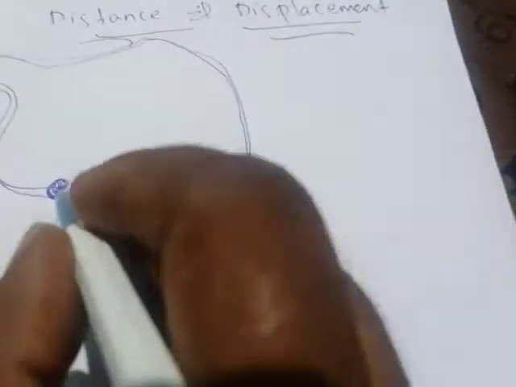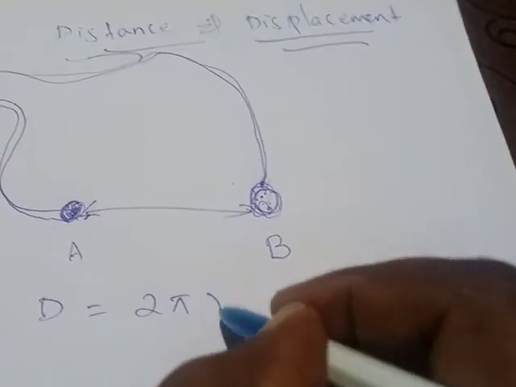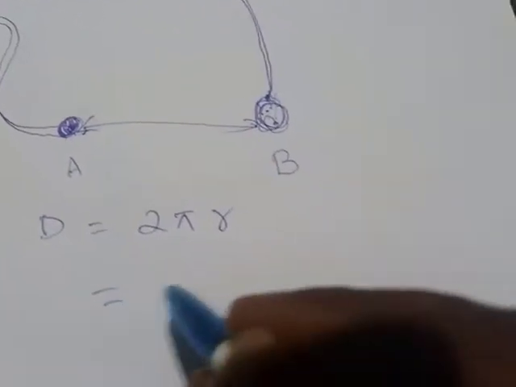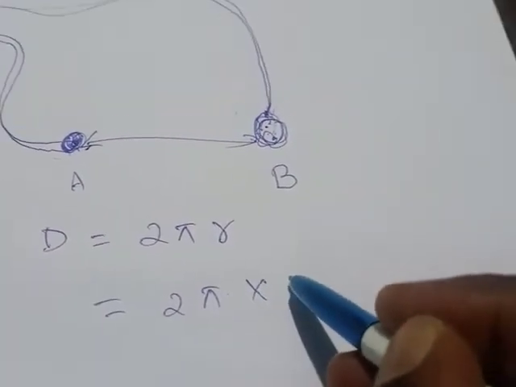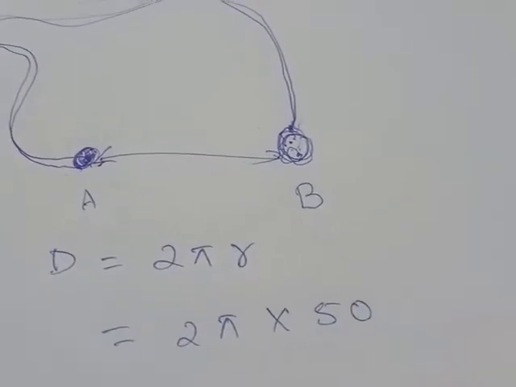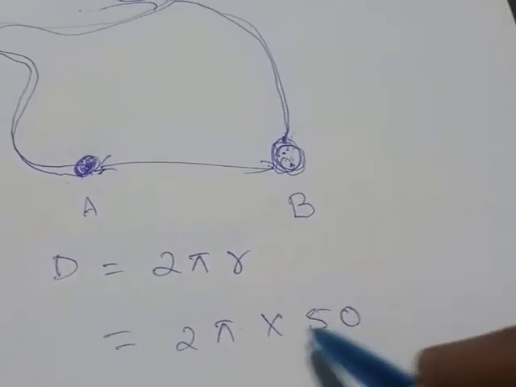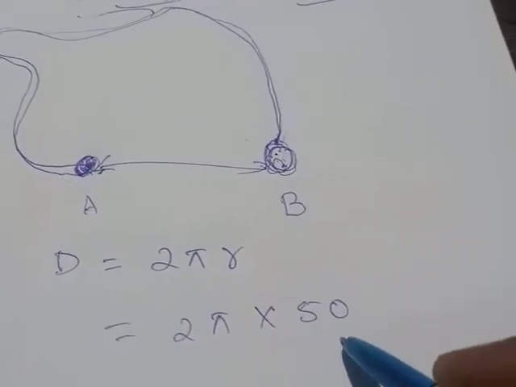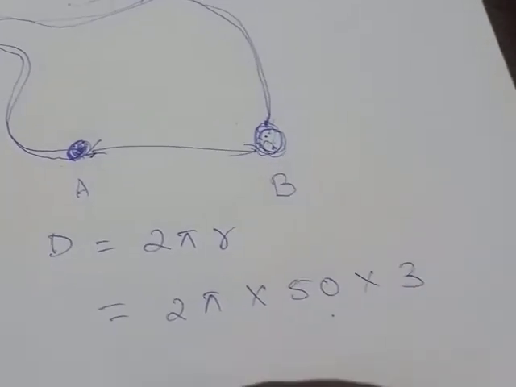To find the distance we use 2 pi r, and the radius is 50 meter. This is for 1 round, but the athlete covers 3 rounds, so multiply by 3.